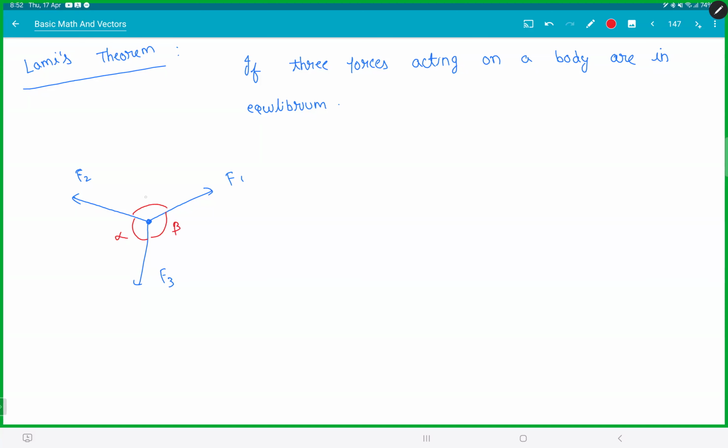Angle opposite to F3, let's call it gamma. So what this thing says is F1 by sine of the opposite angle alpha is F2 by sine of the opposite angle beta is F3 by sine of the opposite angle gamma. Basically, this is same as sine rule. If you see, the parallelogram law is similar to cosine rule.